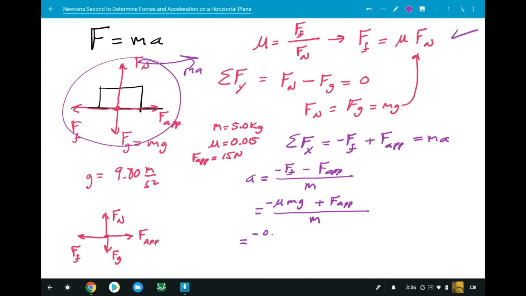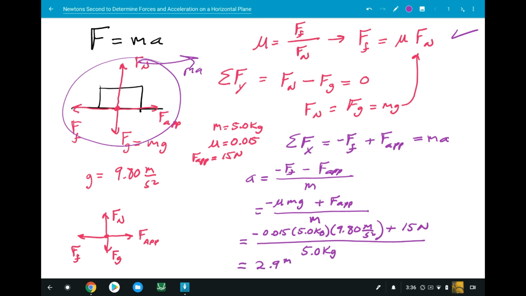So minus 0.015 times 5.0 kilograms times 9.80 meters per second squared plus the 15 newtons. Let's divide that by 5.0 kilograms, and we end up with an acceleration of 2.9 meters per second squared.